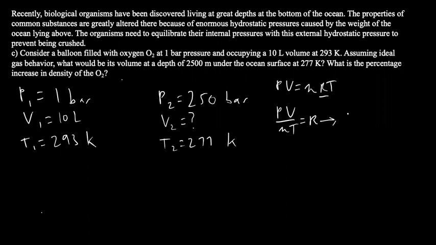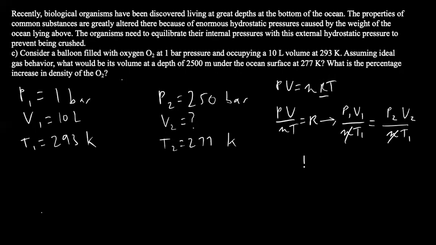So that means P1 V1 over nT1 equals P2 V2 over nT2. Now the number of moles is going to stay constant since the same amount of oxygen is filling both of these balloons. We can cancel this out. And now all we have to do is plug in our variables and calculate V2.